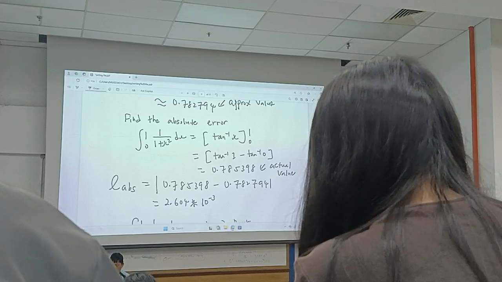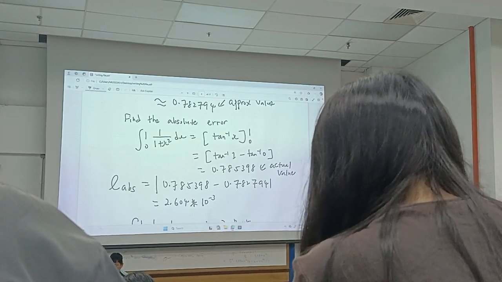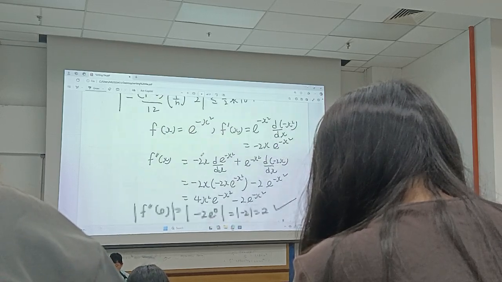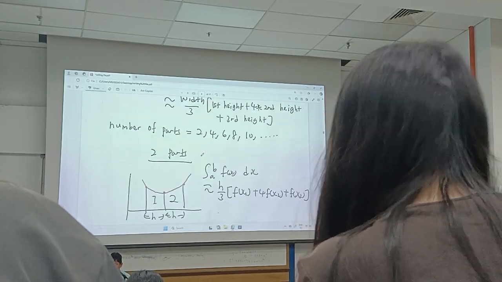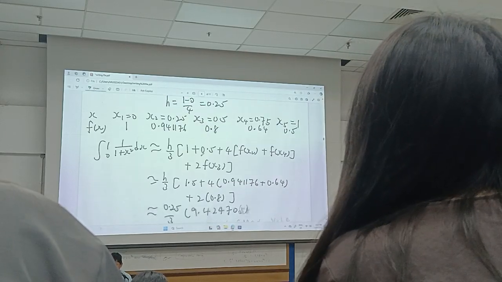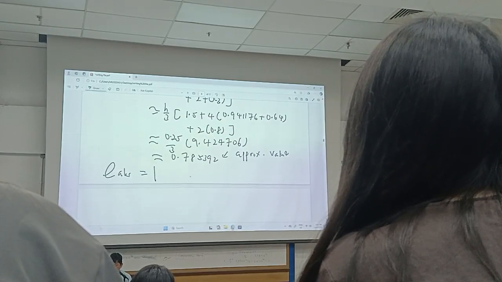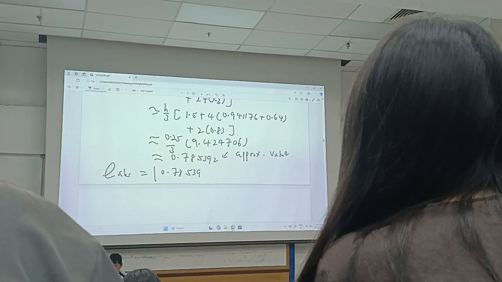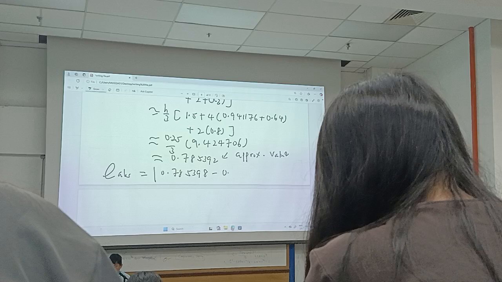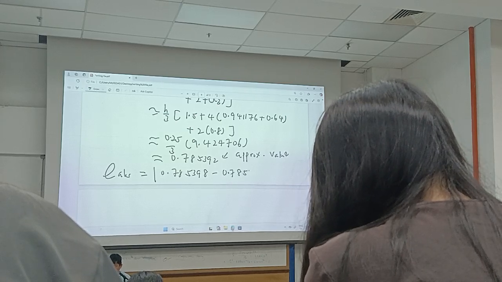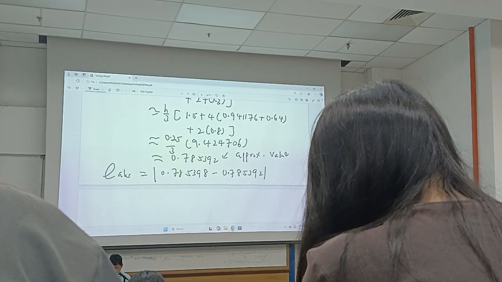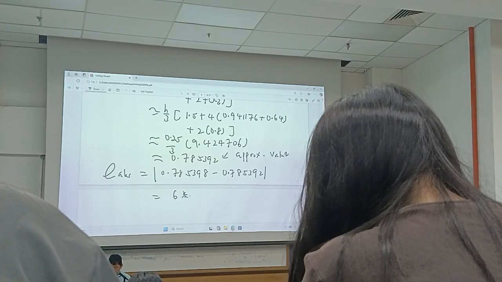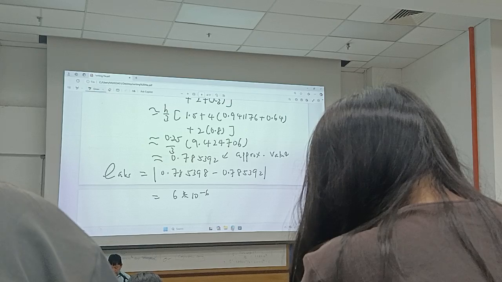This is the actual value, right? This is the actual value. Okay. So 0.785398 minus 0.785392. So I get 6 times 10 power negative 6.